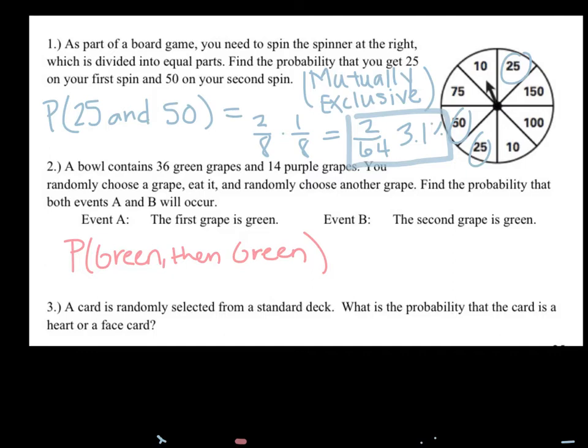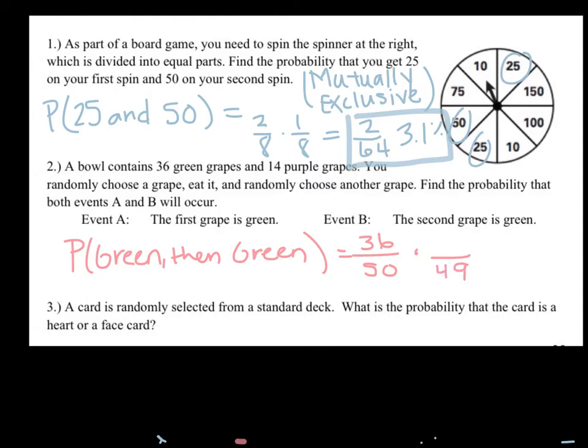We are going to be multiplying them, but what's going to happen is, for the first event where the first grape is green, there's a total of 36 green, and there's a total of 36 plus 14, so 50 total grapes in the bowl. So 36 out of 50. But once you've eaten that first grape, there's no longer 50 grapes in the bowl, there's only 49.